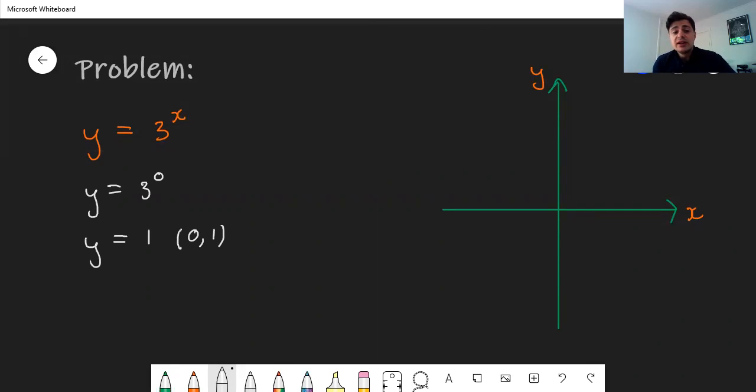Let's see what happens if we let y equal 0 and solve for x. So this will give us the x-intercept if there is an x-intercept. So I'll let y equals 0 equals 3 to the power of x. To get this x out, we need to remember our logarithmic rearrangements so we can actually find that solution for x. So the base number is 3. So I'll write log to the base of 3.